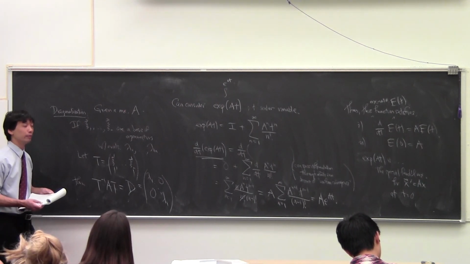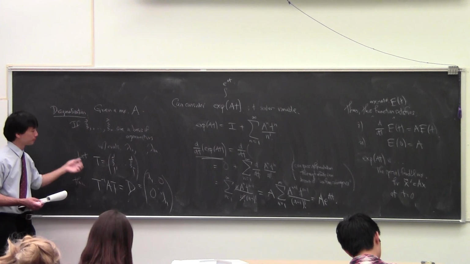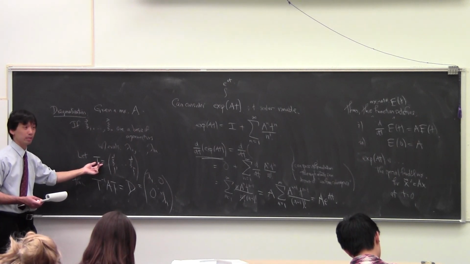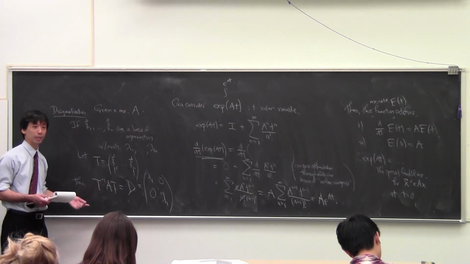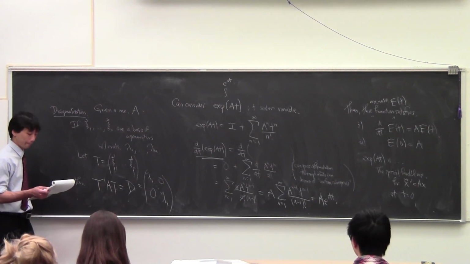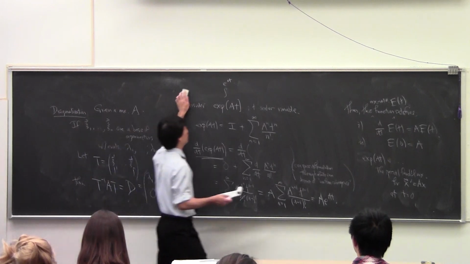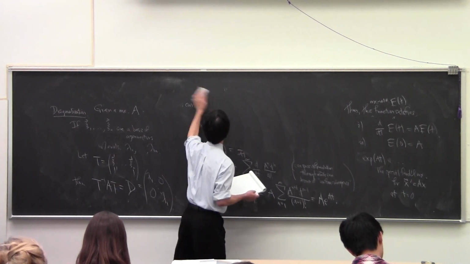Whenever you have a basis of eigenvectors, you can use that basis to conjugate your matrix, and you get a diagonal matrix. This is actually sort of an obvious statement.